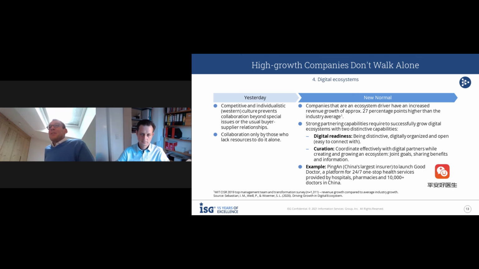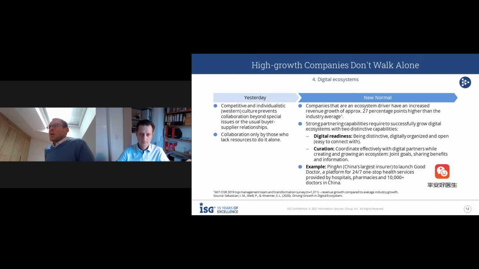So there is a clear rationale for doing this, not just because it's fancy or trendy, but from an economic perspective, there's a clear rationale for why you should engage in ecosystems and why we shouldn't walk alone. I also remember many projects Christian and myself have been involved in, maybe at a little bit early point in time, but at the end of the day, this comes exactly back to that point.